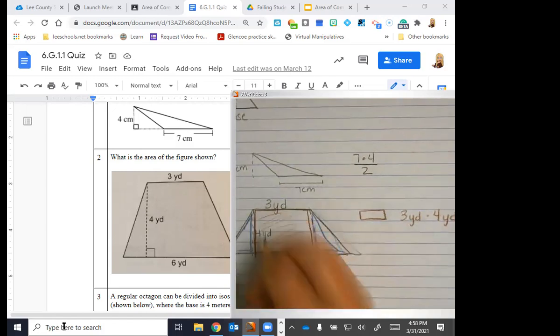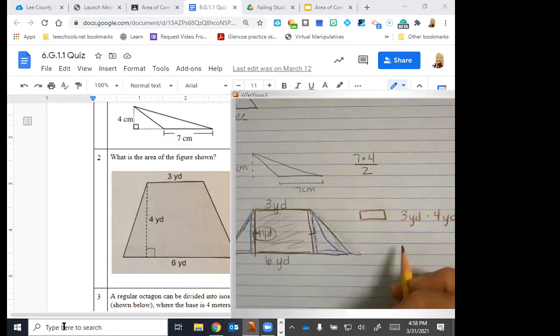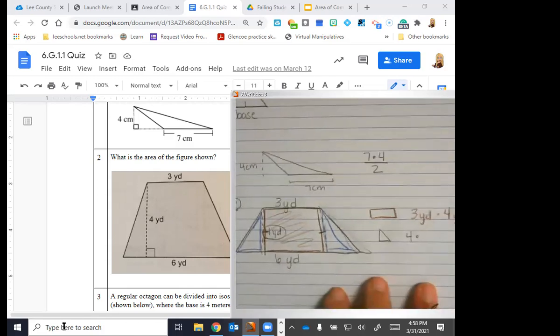They both have a height of 4, because this side of the rectangle is 4, and this side of the rectangle is also 4. So I know my 2 triangles have a height of 4, but I don't know their base yet. So I need to work to figure out their base.